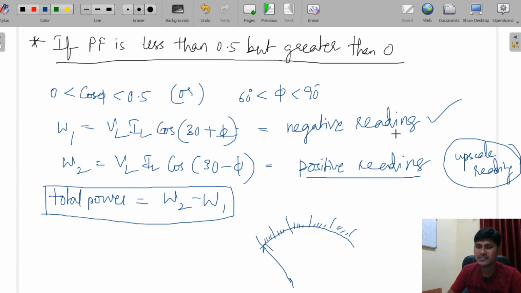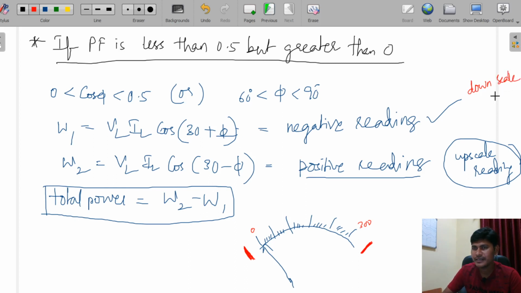If it is a negative reading, anyhow you are going to have stoppers over here. Anyhow this is 0, and we take somewhat 300 watts. You have a stopper at both ends of this scale. Now, a negative reading means a downscale reading.